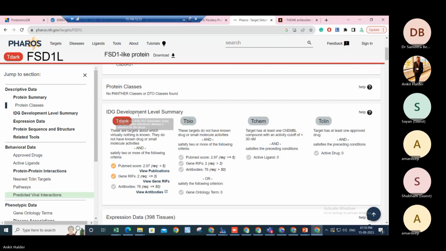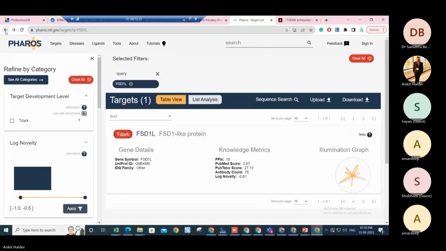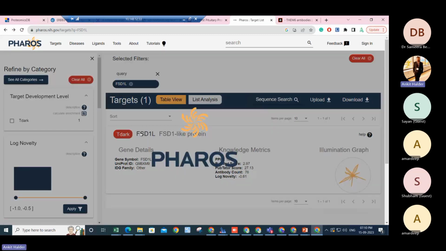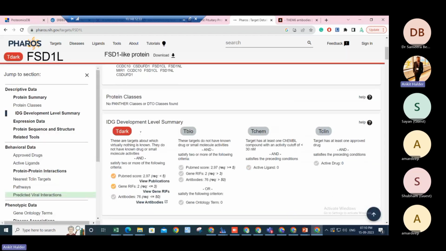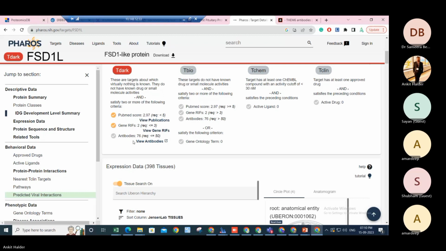Then the gene, and the antibody count. Okay, so this is for the Tdark region, and then you have Tbio.